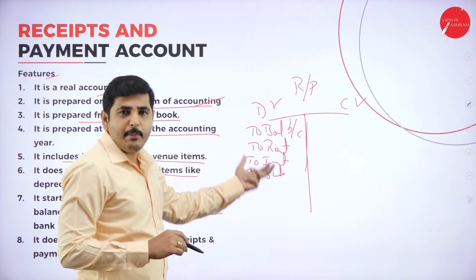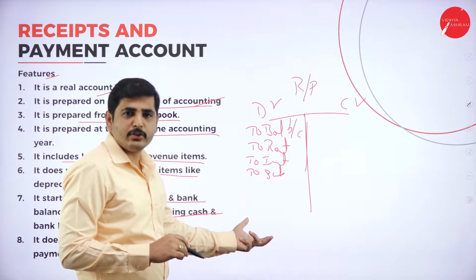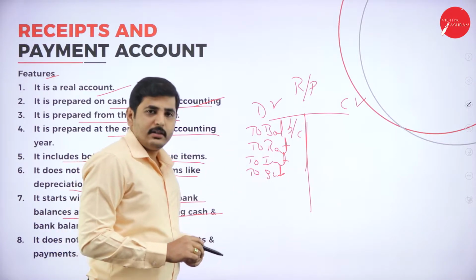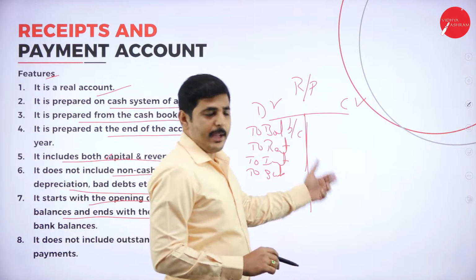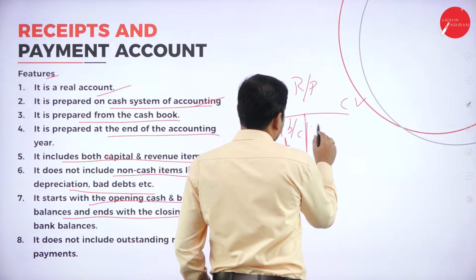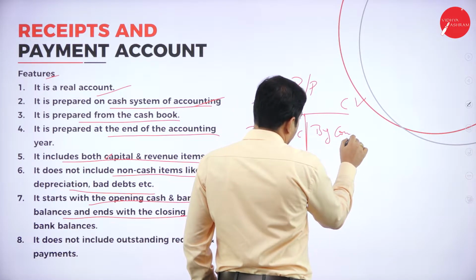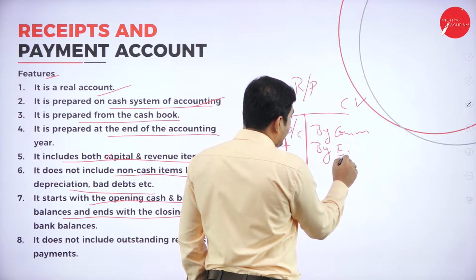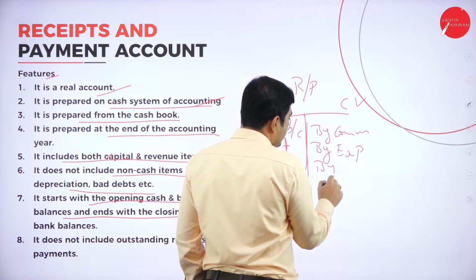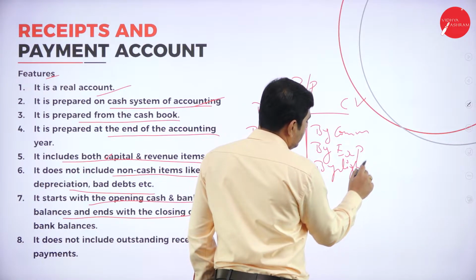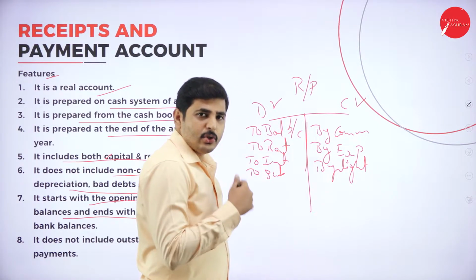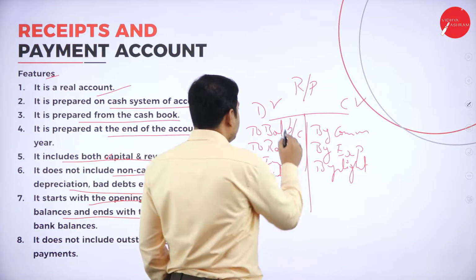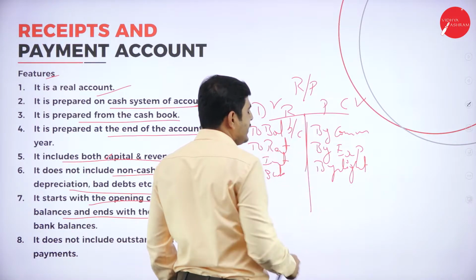So any amount received in cash form or through bank should go to the debit side. Next, payments: by commission paid, by expenses paid, by light charges paid. So all payments come under the payment side. This is the receipt side, this is the payment side.